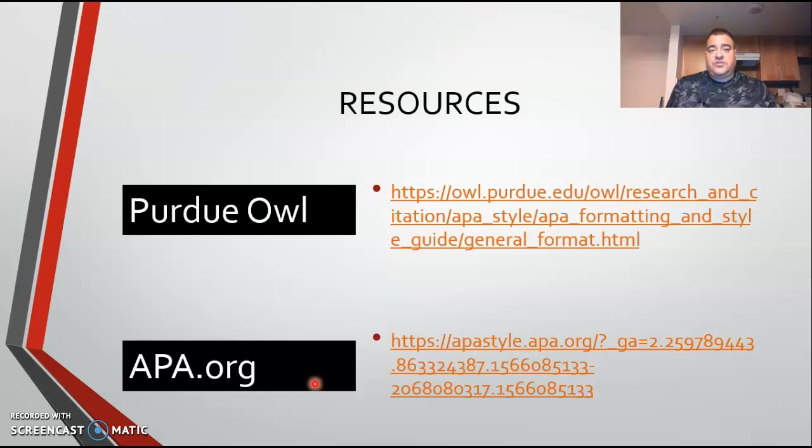New Jersey City University's library has some APA formatting guides that you should look at that are on the Blackboard site to the library, or even on the plain old library website. But you also have some additional resources. You have the Purdue OWL as well as apa.org. These links, I'll have them available to you, and you can use them to help you find some guidelines and examples on how to set up your APA formatting.